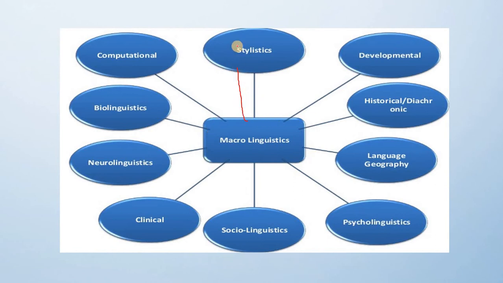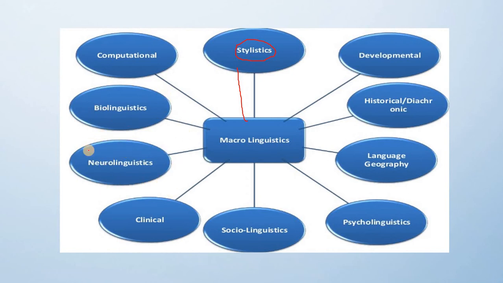Stylistics is linguistics and the style of the text. The style of the text in relation to linguistics normally gave us stylistics. Computational linguistics is another field that studies language in relation to computer science. Biology and linguistics normally gave us biolinguistics.